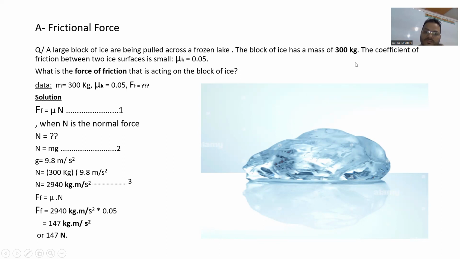It's a huge block of ice. The coefficient of friction, that means mu, between this block of ice and the lake is small, equal to 0.05. What is the force, that means friction force F, that is acting on the block of ice?